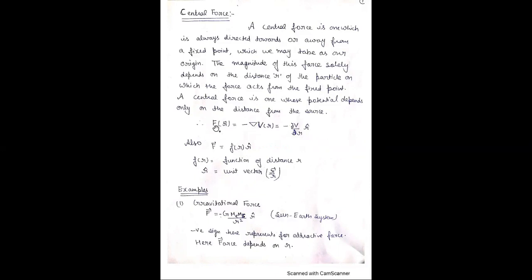Means F किसका function होगा, only depends on r, distance of the particle from the fixed point. F(r) r cap, where r cap is the unit vector, function of distance r, and we know that the unit vector is equal to r vector upon its mod.